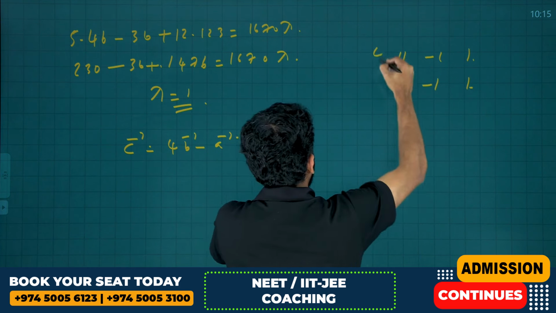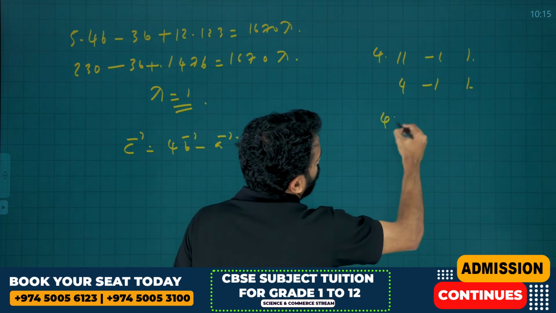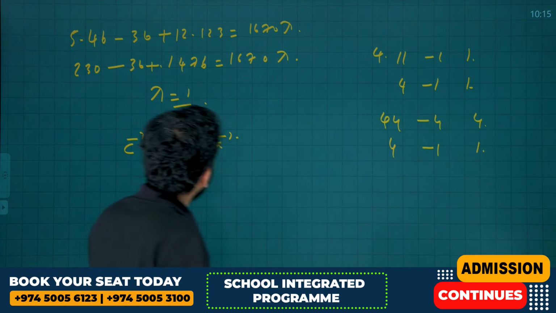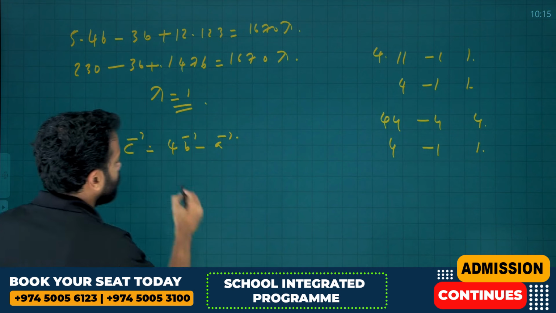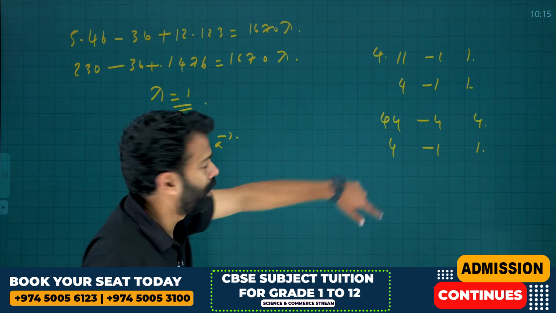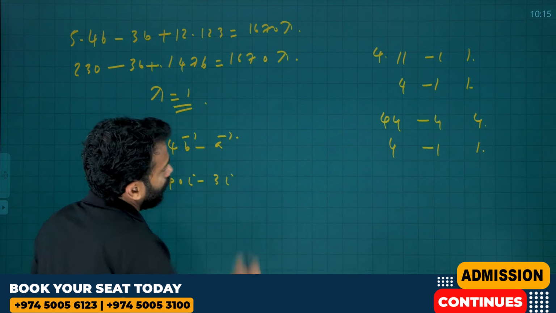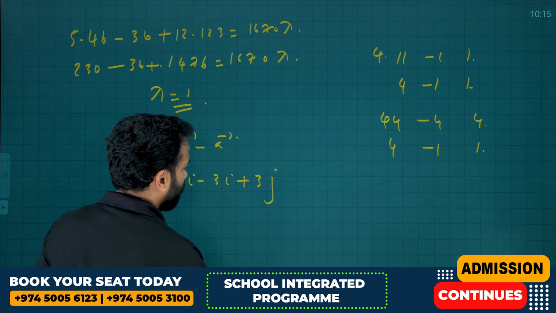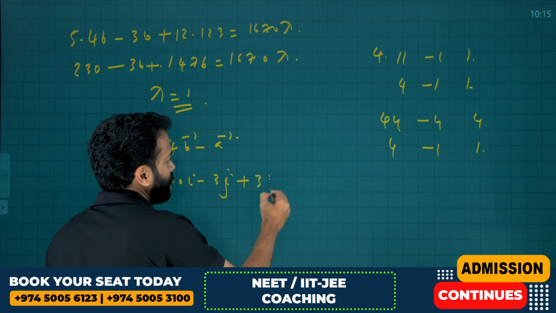Here we need to multiply with 4 and you will get 44i − 4j + 4k, and minus 4i − j + k. And what is 44 minus 4? That is 40i, and what is minus 4 minus minus 1? That is minus 3j, and 4 minus 1 is 3k. Sorry, it is minus 3j and this is 3k. Mistake.